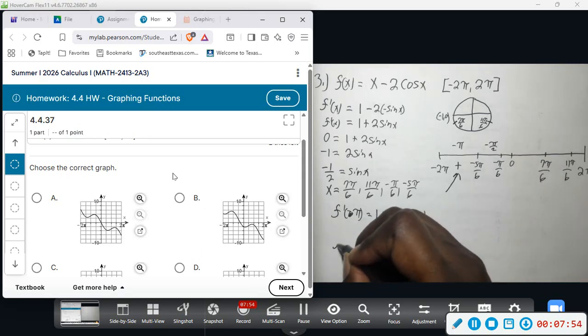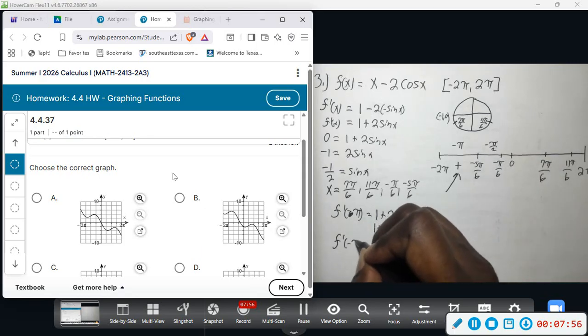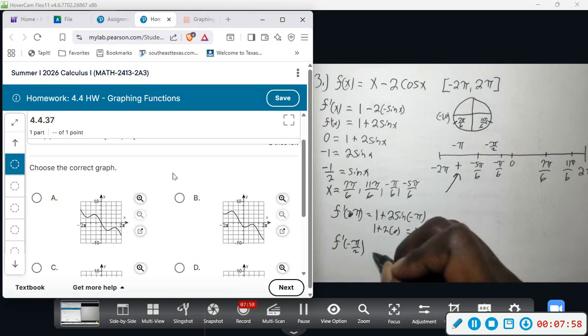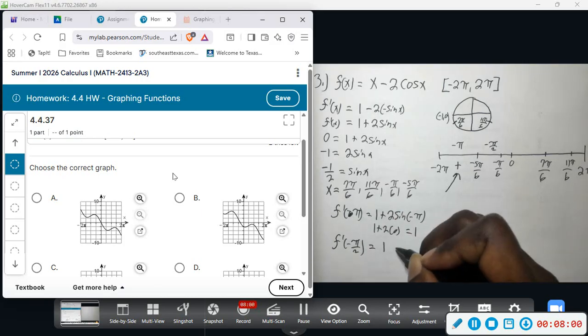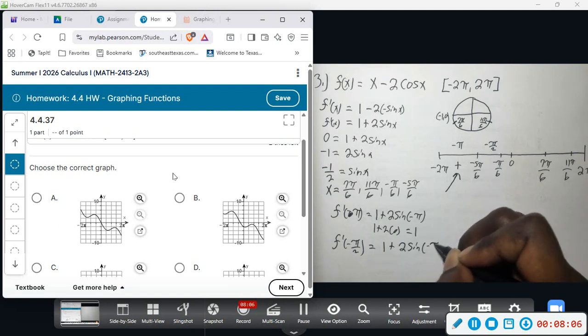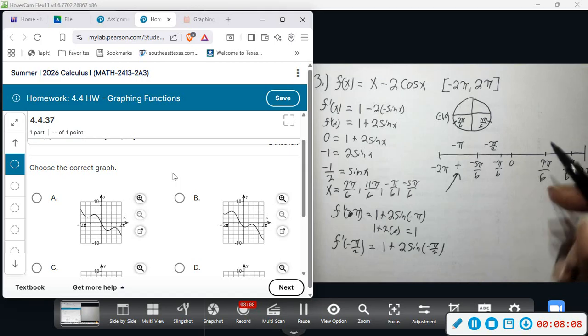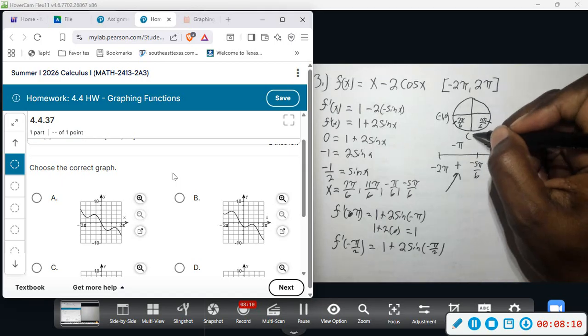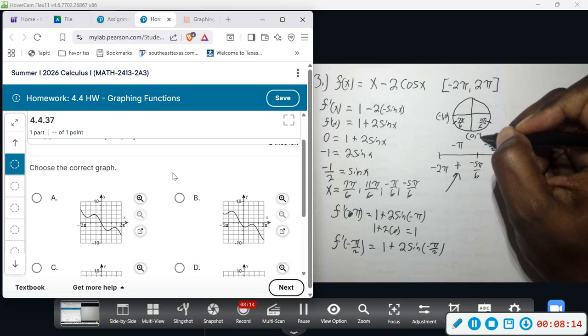Do the same thing, f prime of negative pi over 2 would give us 1 plus 2 sine negative pi over 2. Negative pi over 2 is going to correspond to this ordered pair, which is x is 0, y value is negative 1.